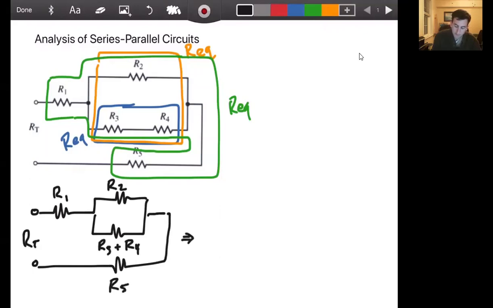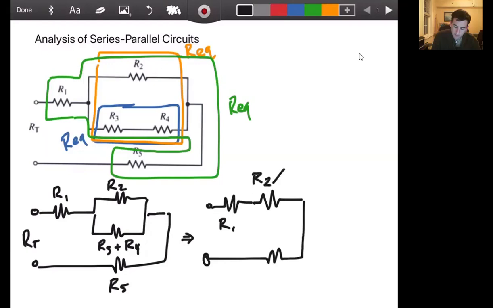We can redraw this again and have again R1, and then a new R equivalent here, and R5, where this R equivalent is R2 in parallel with R3 and R4, and this is R5.